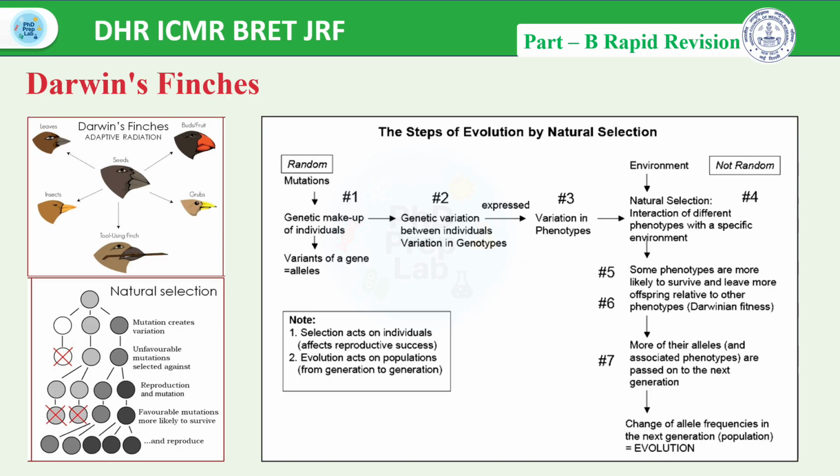Now we have Darwin's finches. Darwin's finches are a group of small birds which were found in the Galapagos Islands. This is the key evidence for the theory of evolution by natural selection. This was the key example. These finches evolved from one common ancestor, and over time they developed different beak shapes and sizes according to the type of food they were adapted to, whether they ate seeds, insects, or nectar.